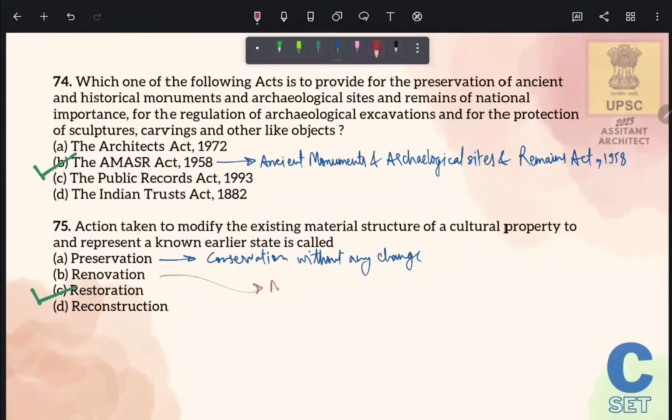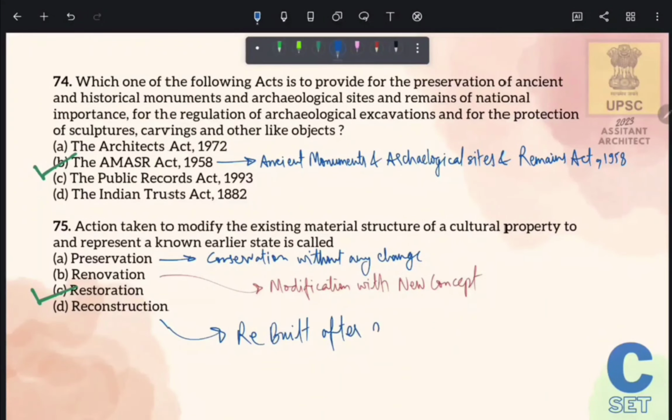Renovation means modification with new concept, and reconstruction means rebuilt after demolishing.